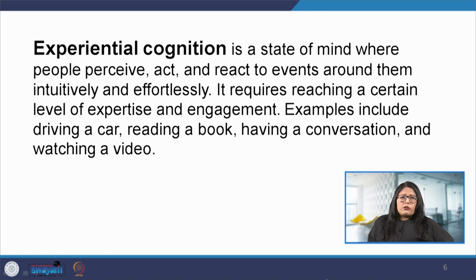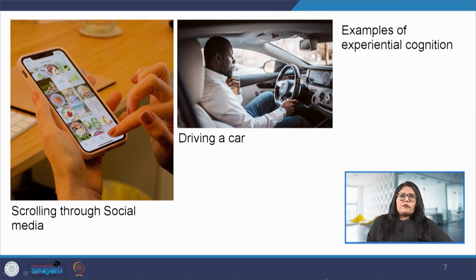Experiential cognition is when we are experiencing something. For example, when we are driving a car, we are observing what is in front of us. If suddenly a dog comes in our way, we will quickly press the brakes. Our actions are dependent on what we are experiencing at that moment. If there is a green light, we will start driving.